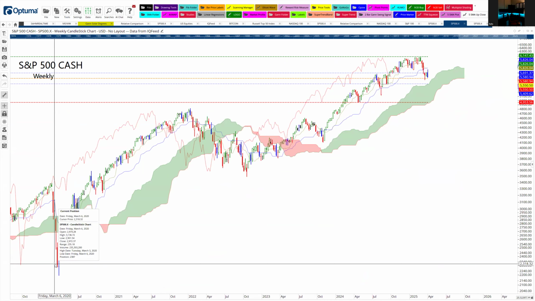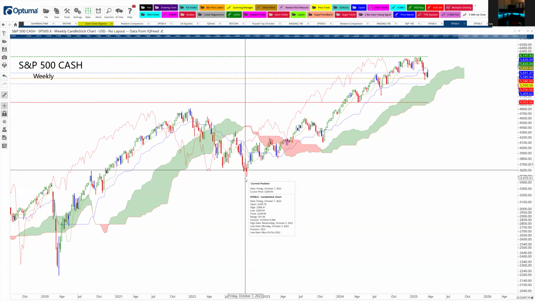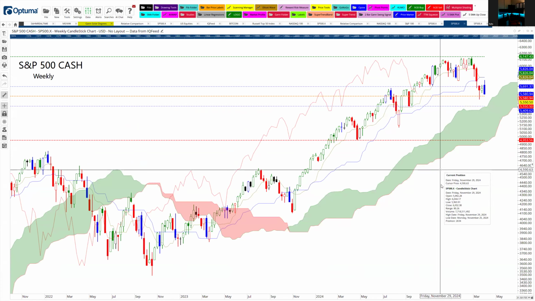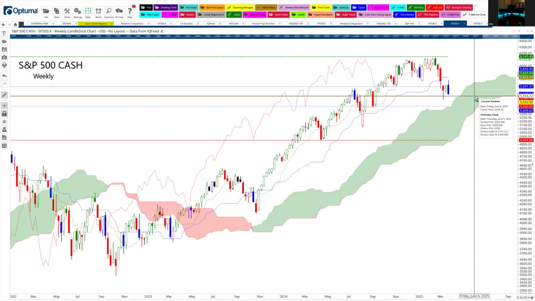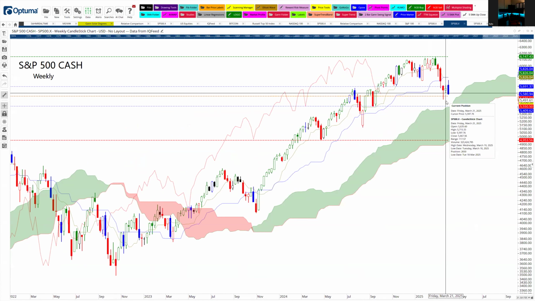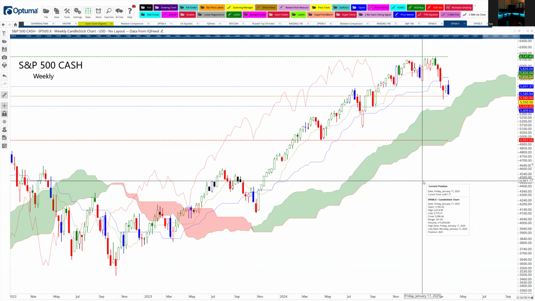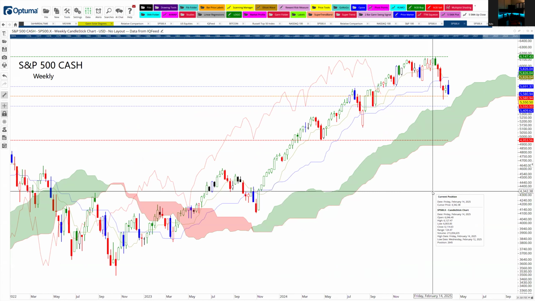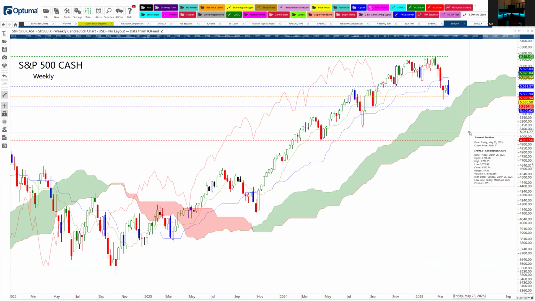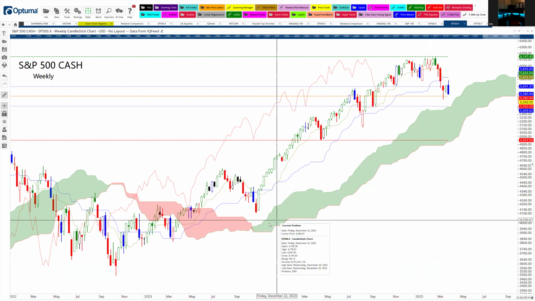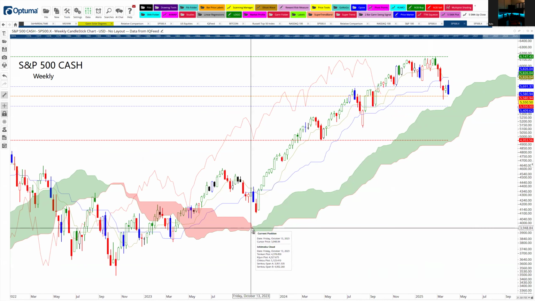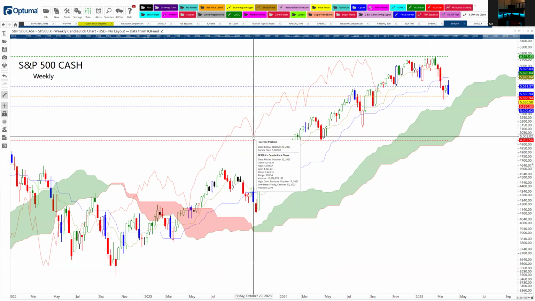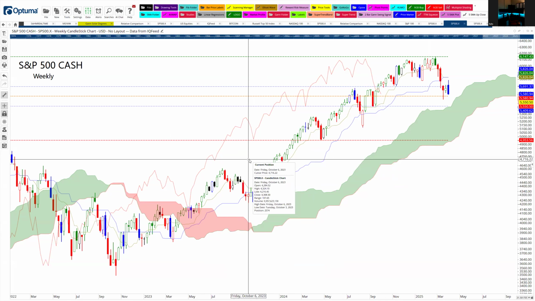That's COVID, that's 2022. Your real bear market is going to start, if you look at the cloud, you see here it changes to green. I don't know if somebody knows how to read all these clouds.